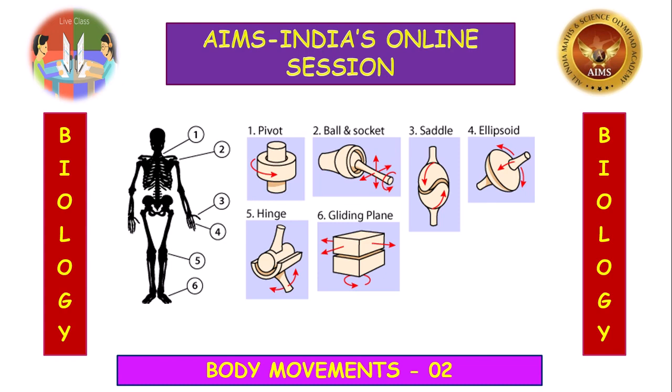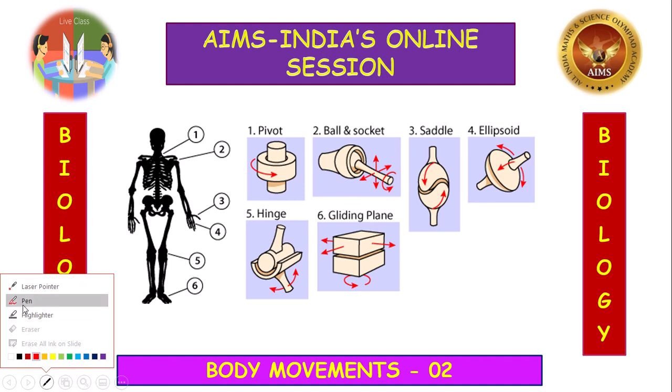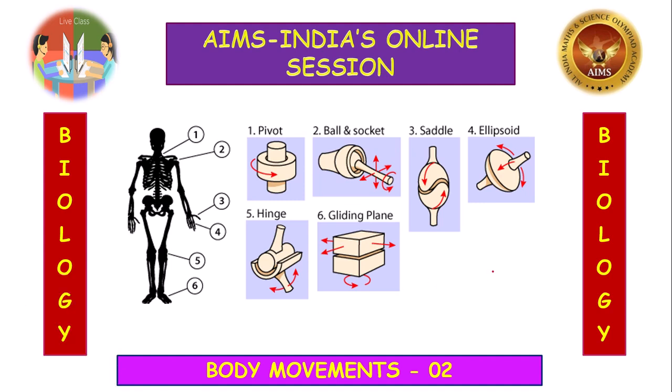In yesterday's class what we have understood is, it is possible to bend a bone or a part of our body only if there is a joint. What is a joint? A joint is the place where two parts are attached together, isn't it?